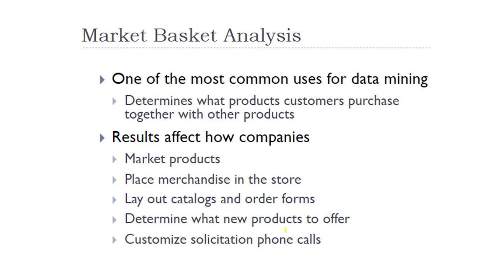When you say market basket analysis, one of the most common uses for data mining, it determines what products customers purchase together with other products. What's the best example? Here in PNG, we don't have McDonald's, but of course, we have, for example, if you're going to purchase chicken, what would be the other product you're going to buy?